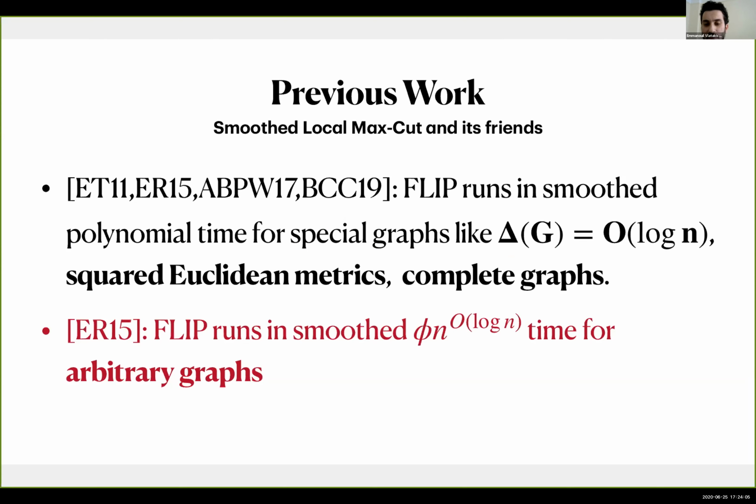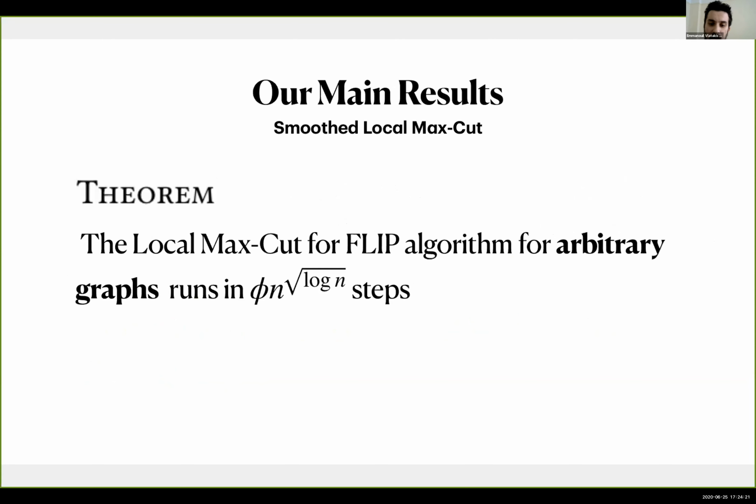Unfortunately, in the first part of our work, we saw that all these previous techniques have been proven tight, by giving some examples of graphs that cannot give a better result using those techniques. But we managed to present a new analysis framework which improves the smoothed running time complexity to n^{sqrt(log n)} using some new ideas.